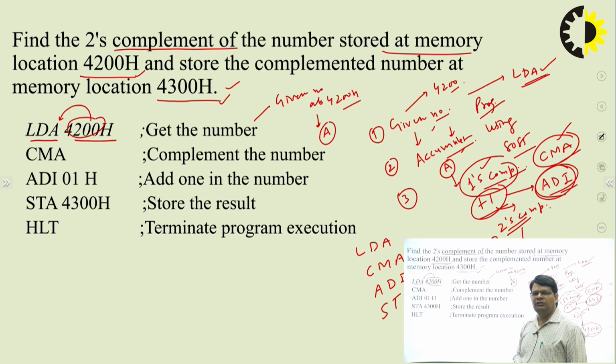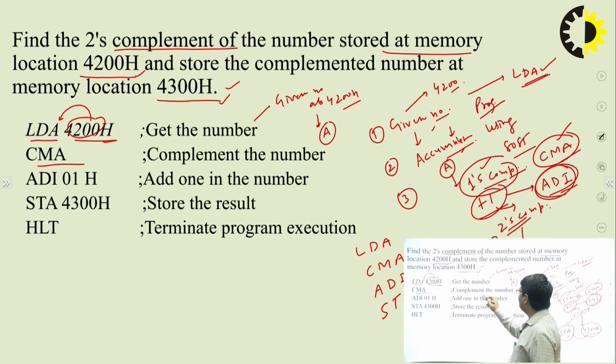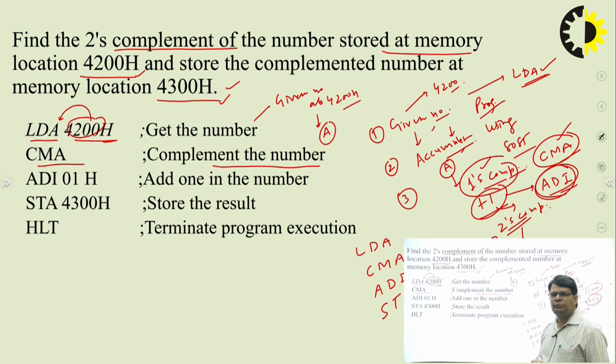So the given number for which we have to find the 2's complement is loaded into the accumulator. Then simply we will use complement accumulator, which will complement the number, so 1 will be replaced by 0 and 0 will be replaced by 1, or we can say that this instruction will compute the 1's complement.